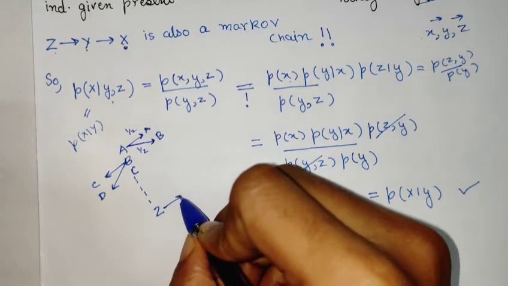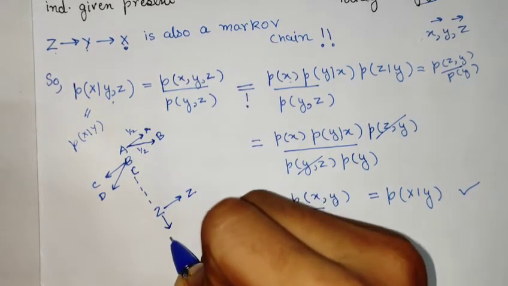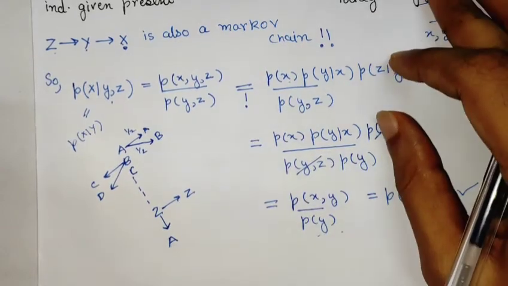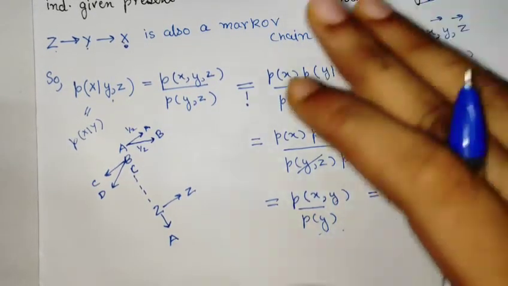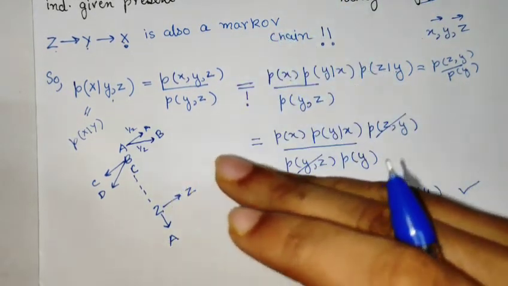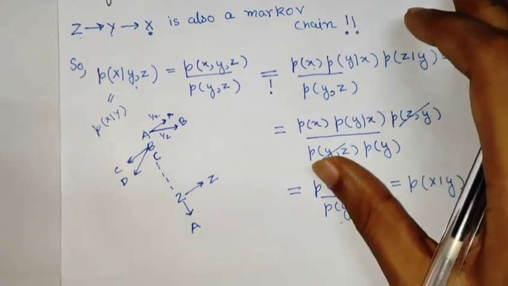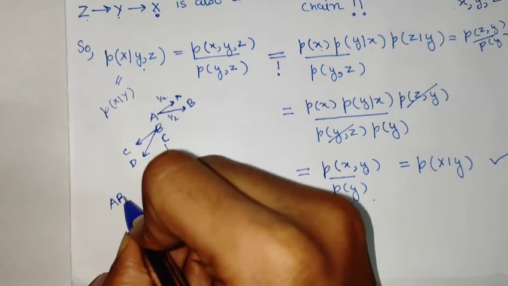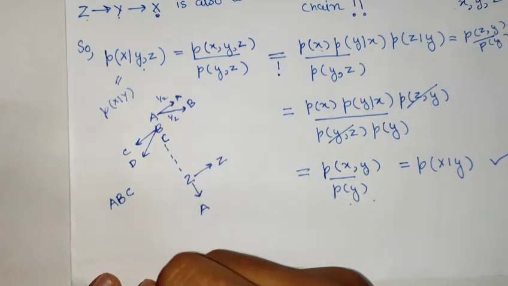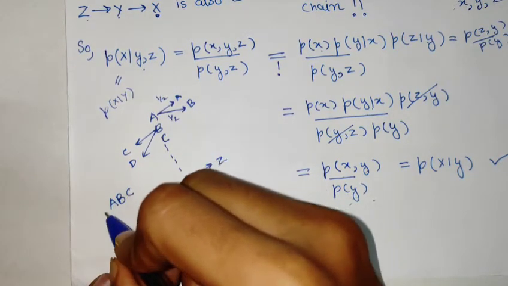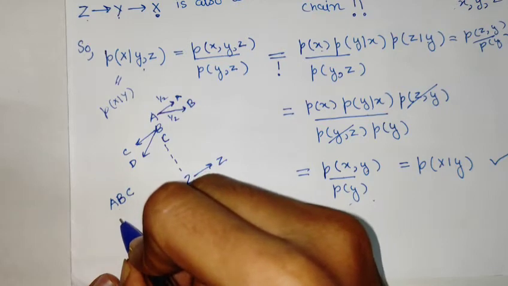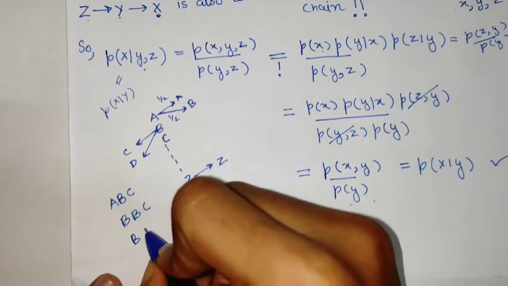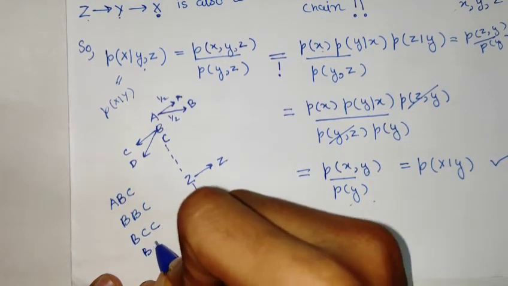Z can either go to itself or it can go to A. So it goes to the next character with a half probability, and it inherently introduces noise, because if we try to print A, B, C, then sometimes it will come out correct, but sometimes we can get BBC, or BCC, or BCD.